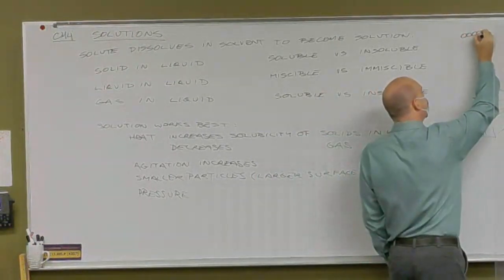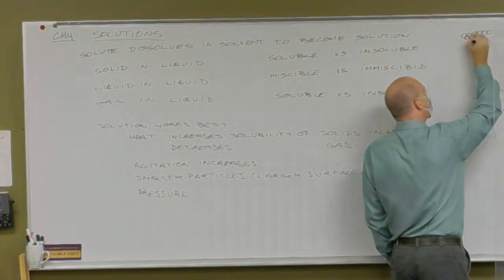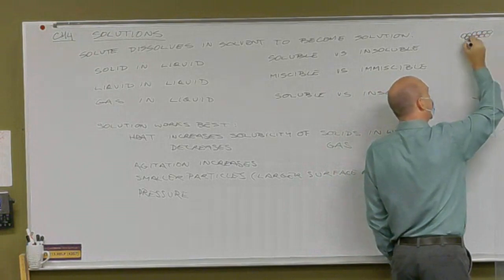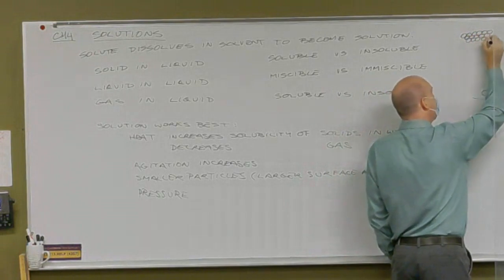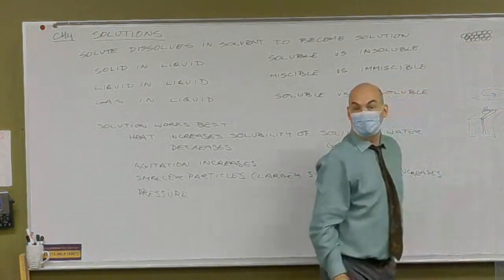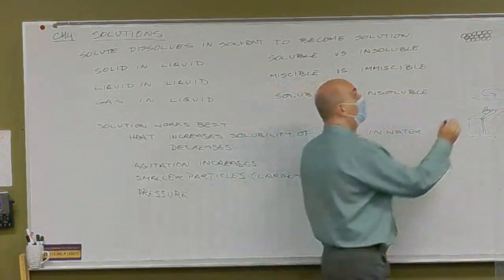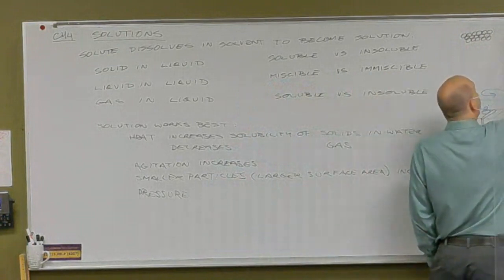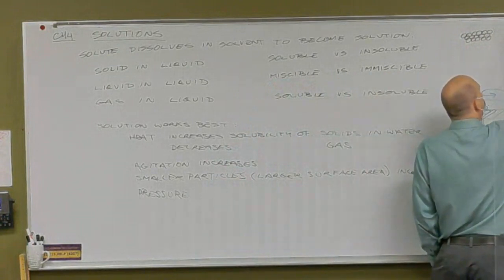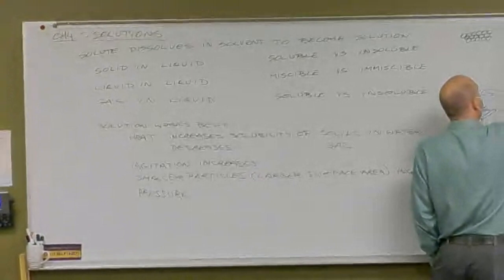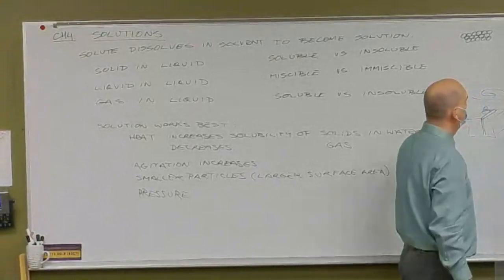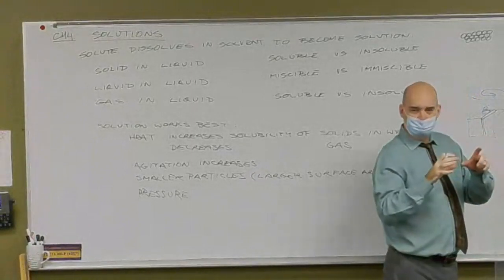Solids are close packed. Their particles, their atoms, are already really, really close to each other. Solids don't get compressed very easily. Liquids have a little bit of a gap, which allows them to have that fluid behavior, that they can move around each other.